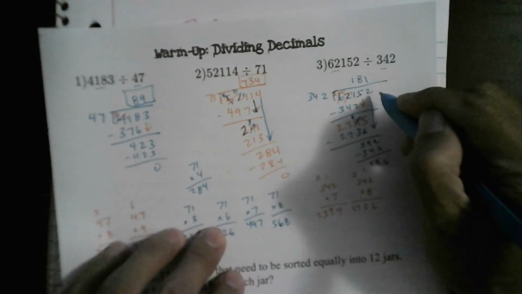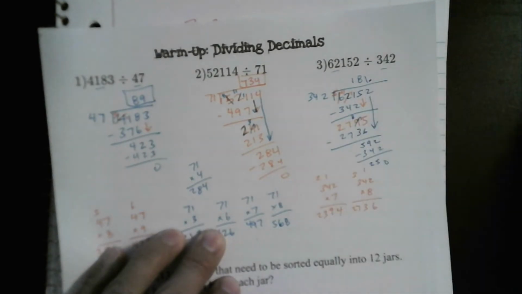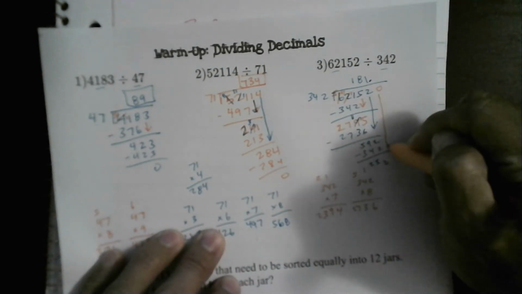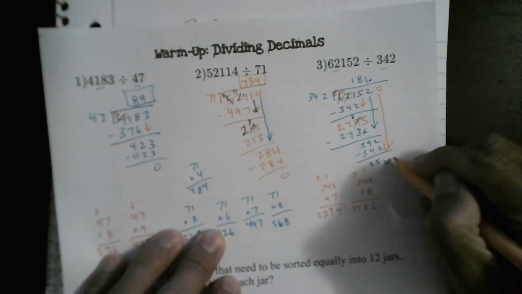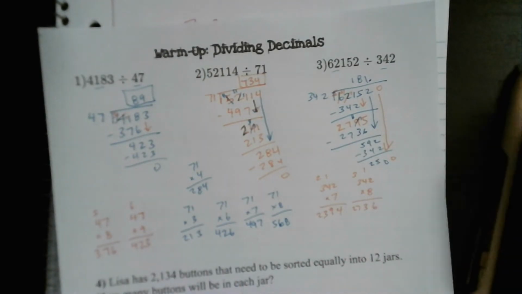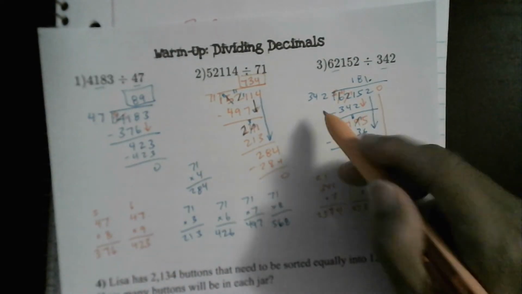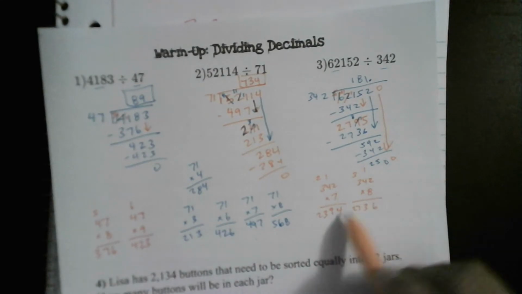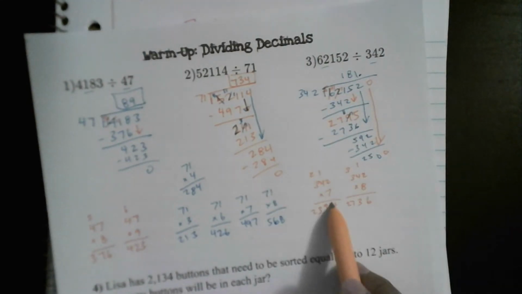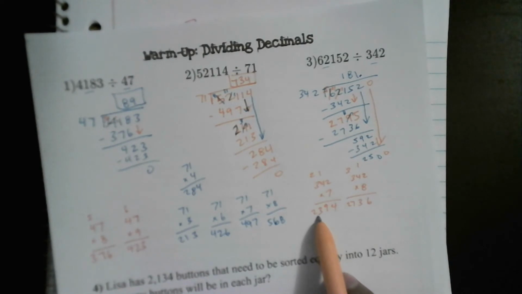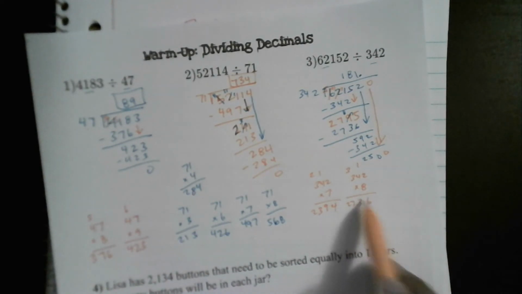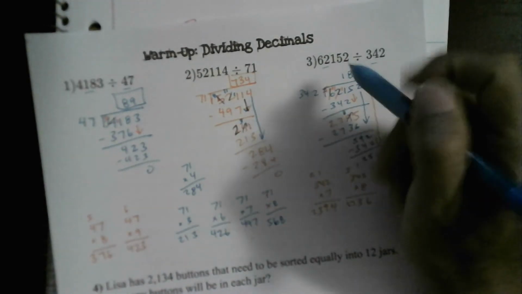You actually have to add a decimal, add a 0 at the end, and bring that down. So how many times does 342 go into 2,500? When you did times 7 it was 2,394, times 8 was 2,736, so 7 is going to be our closest guess.